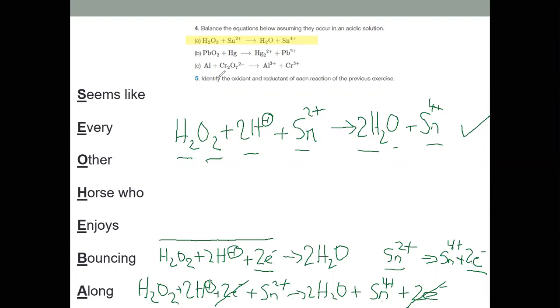Reductions or oxidations by our conventions are associated with individual atoms or elements within each of those compounds that are being affected. Okay, so that's that example.